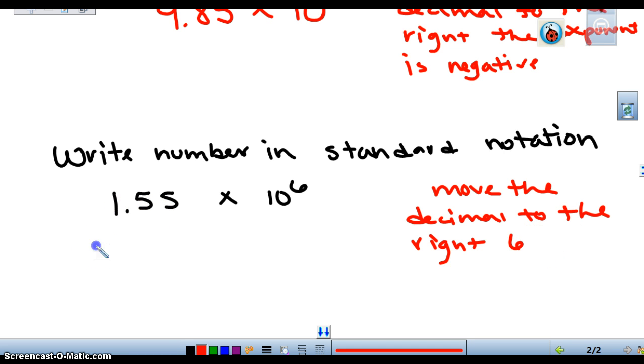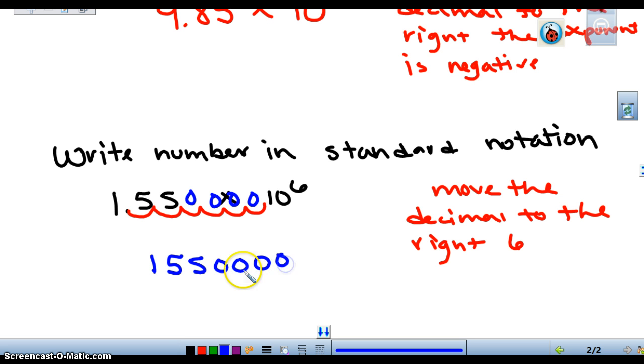So that would mean 1.55, 1, 2, 3, 4, 5, 6. Now what? We add a 0 for each space. So what does our number look like? 1,550,000.